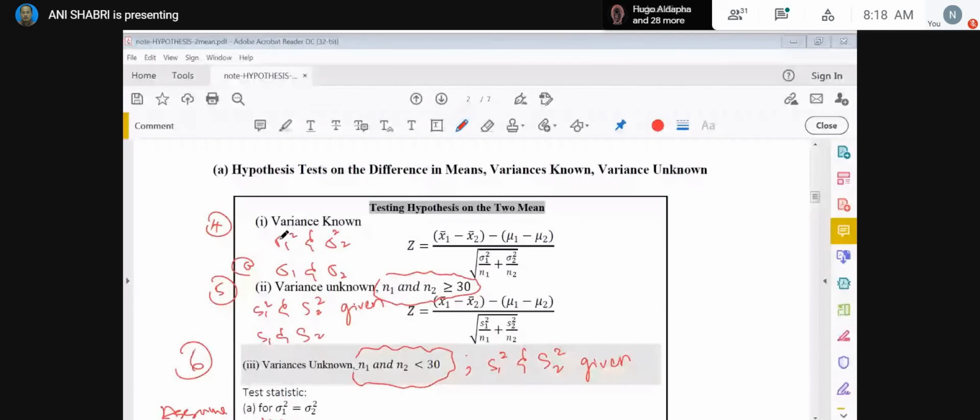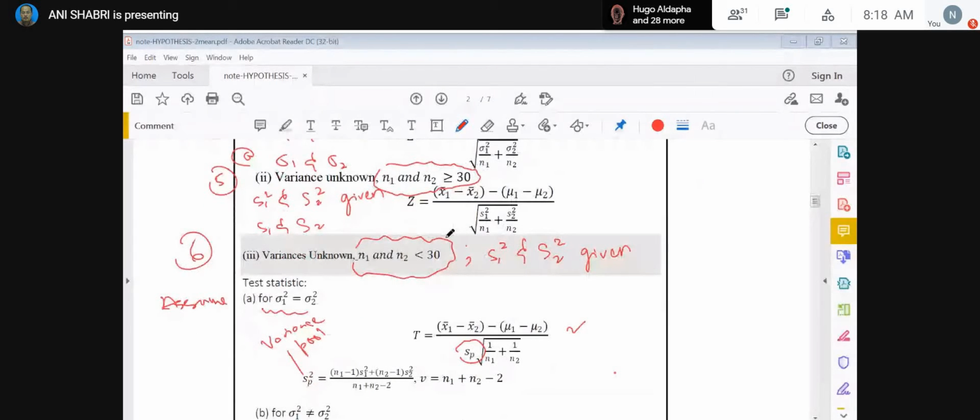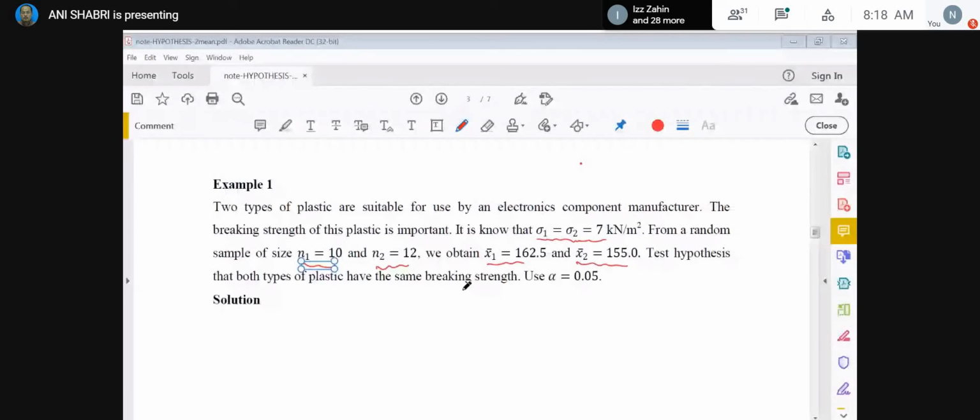Okay, look from here, what is the hypothesis? Mu 1 and mu 2. Is it less, greater, equal or not equal? Which one is suitable? Equal.